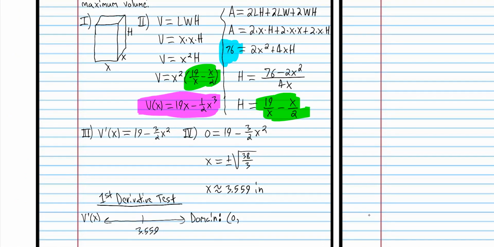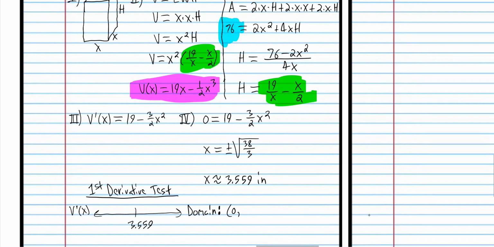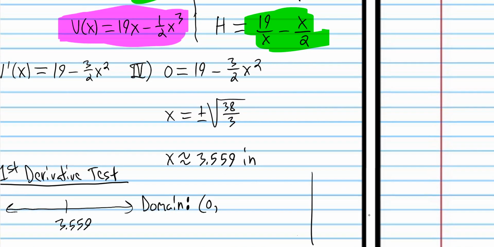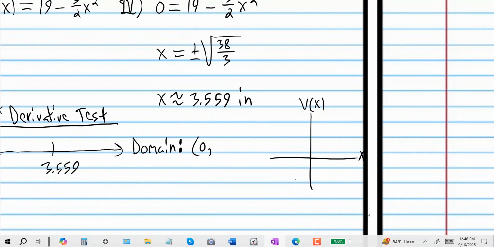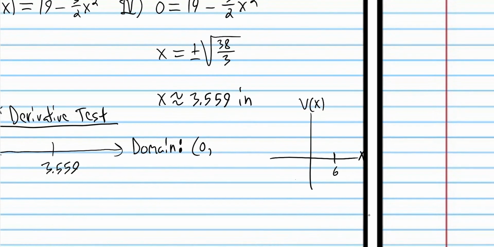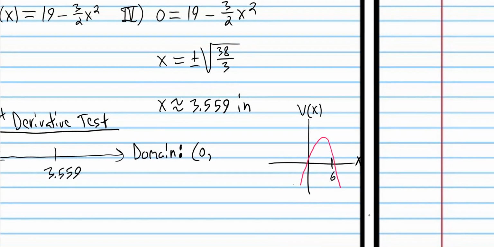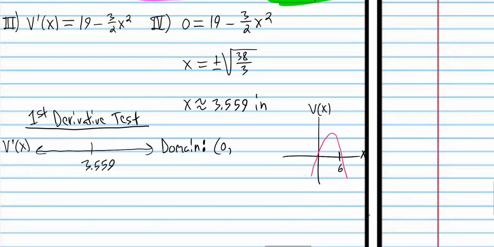Again, this is one of the reasons that students don't find the domain, they just forget about it. But if you were to graph that purple function, you would have 6 over here, and your graph would look something like this. And obviously this is the maximum, but the reason that we have an upper bound is because you can see that the volume actually becomes negative down here. You can't have negative volume.